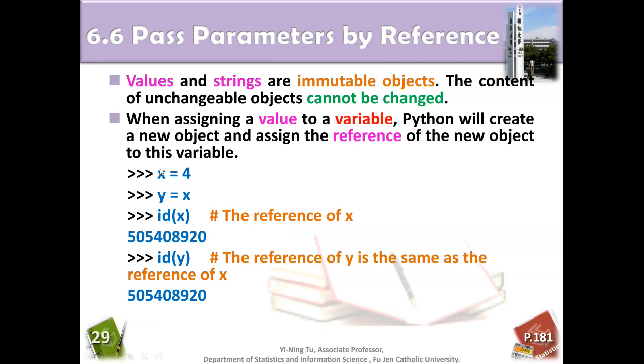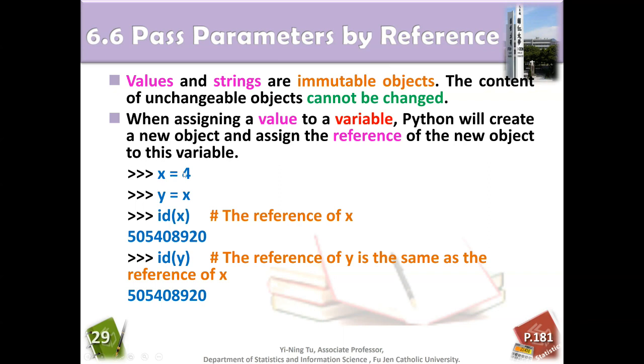So for example, we assign 4 to x. It means we will create a new object. This object is x, and its reference is 4, meaning we record, memorize where 4 is stored. And also we use y equal x. It means y will remember what x remembers.